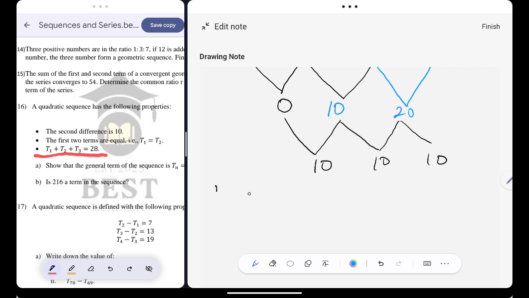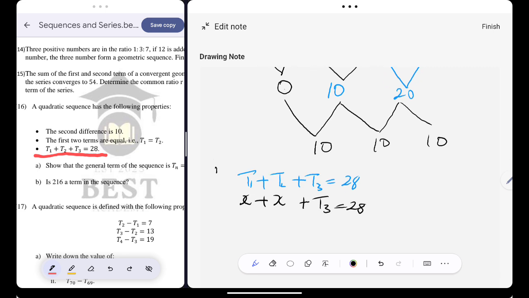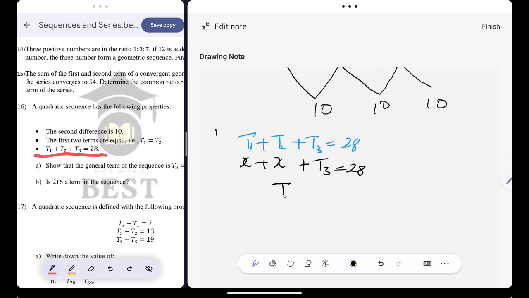Since T1 plus T2 plus T3 is 28, and initially we said T1 is equal to x, that means T2 is x as well, plus T3 is equal to 28. So it simply means that T3 is 28 minus 2x.